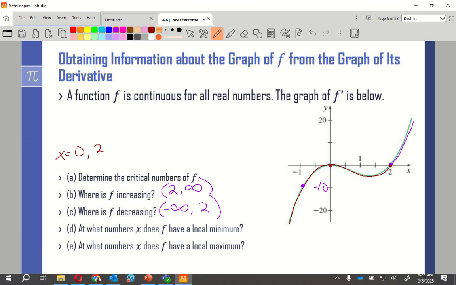Zero what? 0, 0? Yes, 0, 0. Okay, so we're throwing up those gang signs, right? Yeah, but when it's 0, 0, it's not increasing. It's neither increasing nor decreasing, right? That's kind of like a weird thing. I actually said the same thing, but it's still over that interval. Will the AP College Board take it?